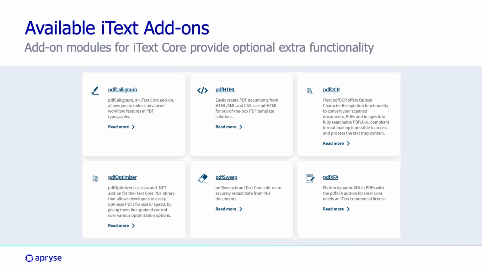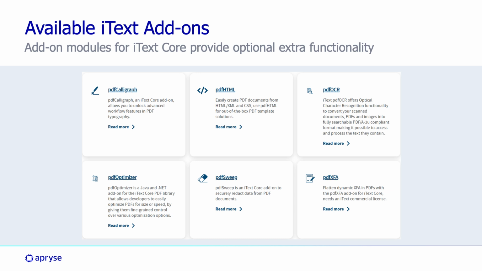So you have that. pdfSweep for redaction. So let's say you have a document or a set of documents with a bunch of social security codes, and you want to redact that information from all those documents. You can automate it with pdfSweep. And then pdfXFA. There was this technology called XFA, and it was meant to be a step further from acroforms.